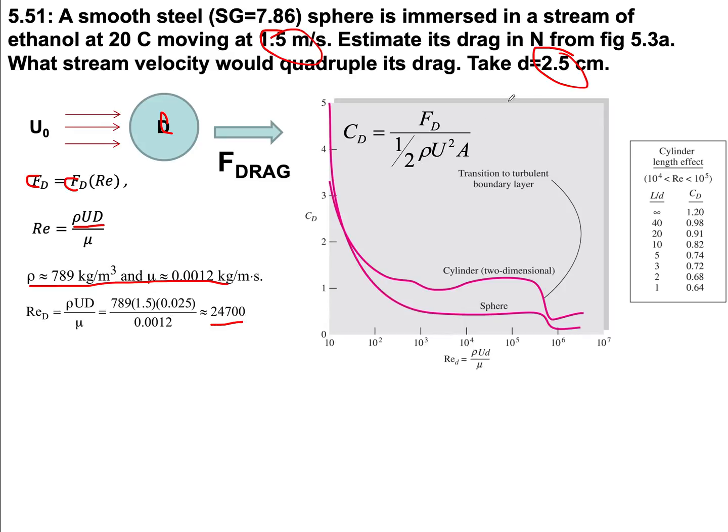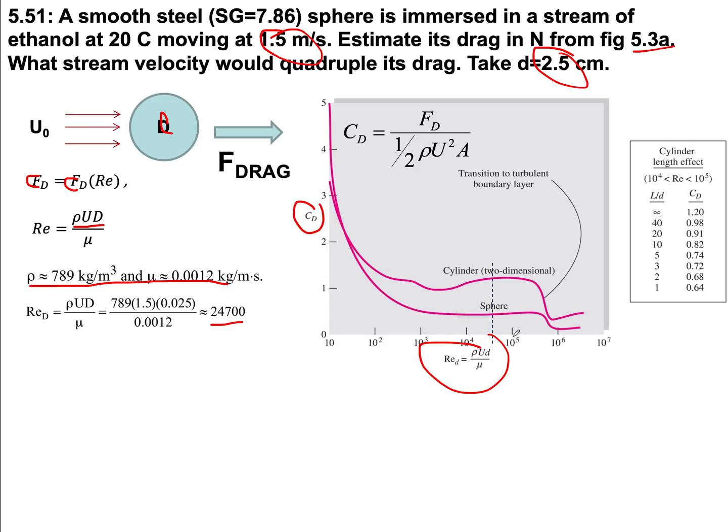And then you go to the figure, which shows the drag coefficient versus Reynolds number. And we go and plug in the 25,000. It's somewhere here. So you see it's a log-linear scale.